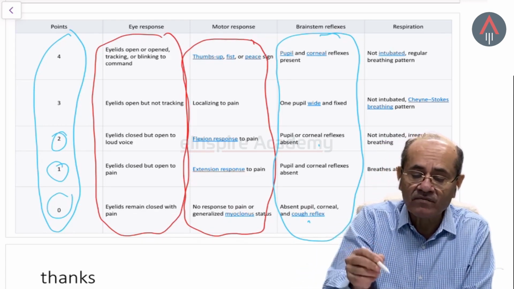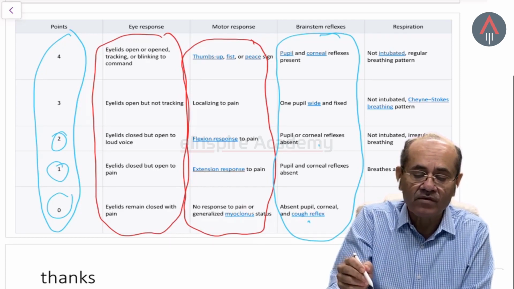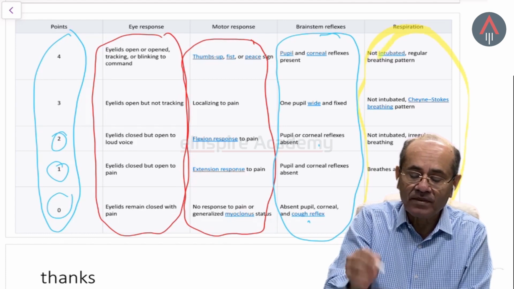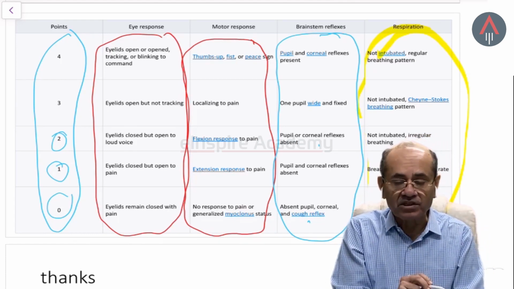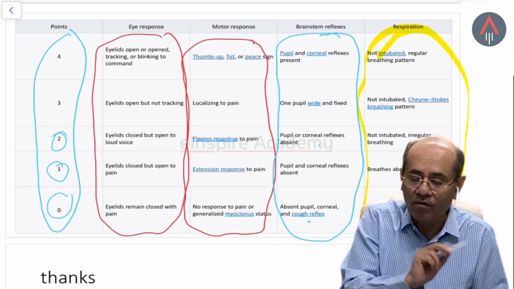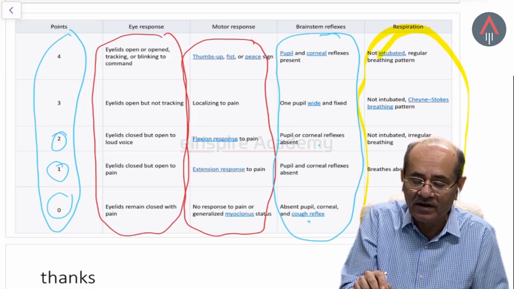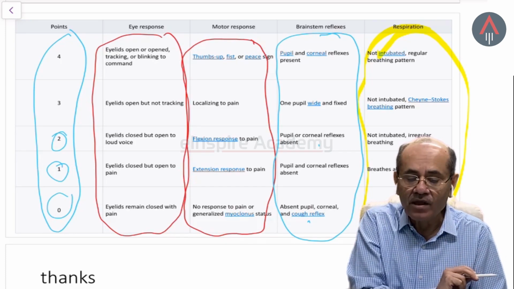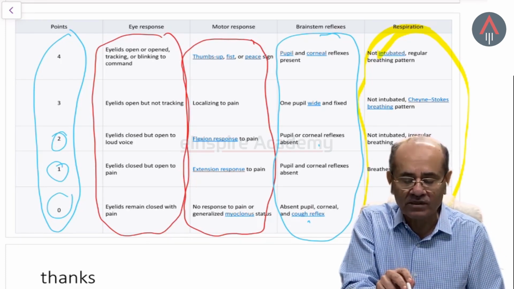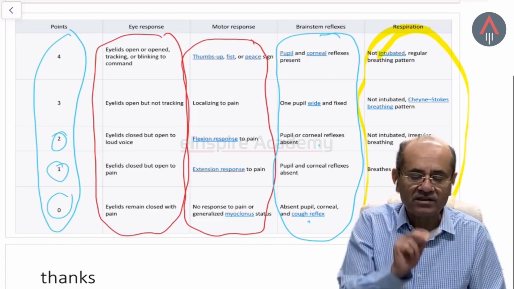And then another thing which has been included in the FOUR score is respiration. So they give scoring for respiration. If respiration is fully normal, no intubation, 4 marks. And if the patient is on a ventilator, he gets 0 marks. So eye-opening response and motor response are somewhat similar to the Glasgow Coma scale, but with different scoring.